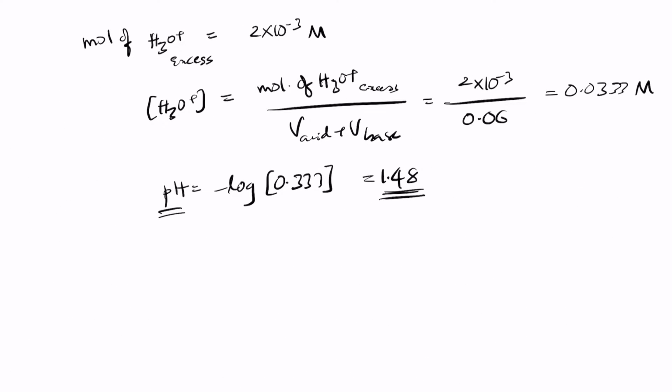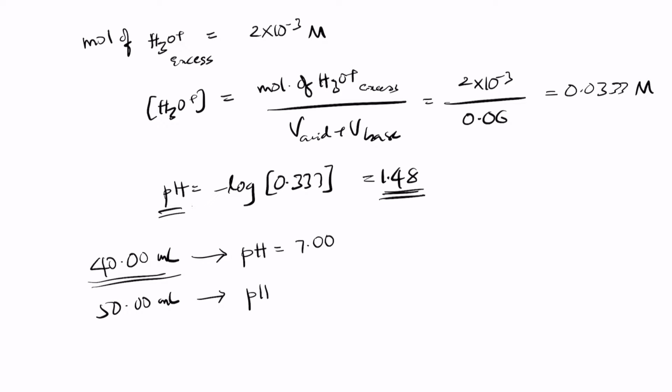So you can also try the same problem with 40 ml and 50 ml and see how the value of the pH fares. Remember that when you do 40 ml, the final pH that you calculate should equal 7, and when it is 50 ml, the pH is greater than 7, which means you will have to calculate the amount of OH minus excess.